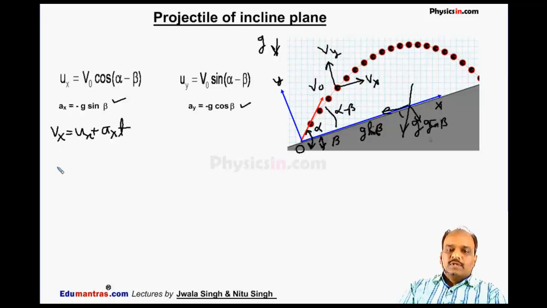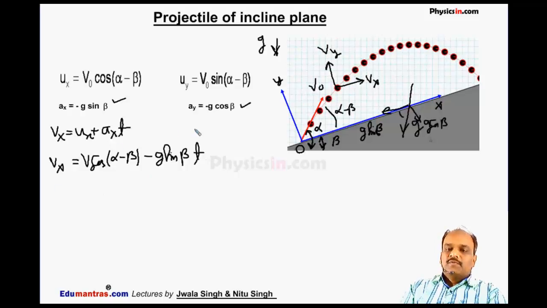So Vx, the velocity along the x-axis, is equal to Ux, which is v naught cos(alpha minus beta), plus Ax, which is minus g sin beta, into t.